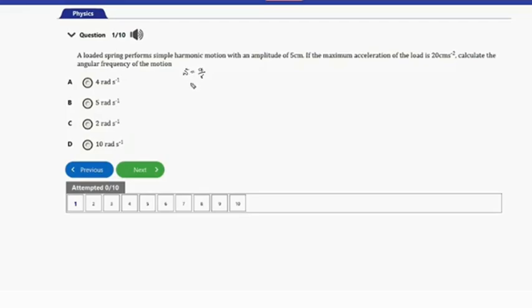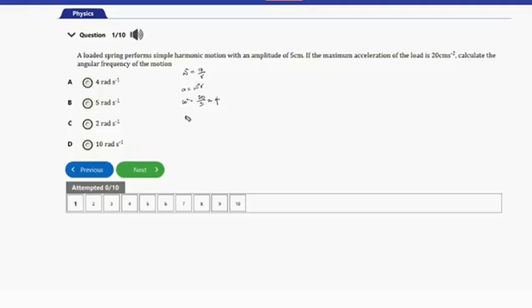So in that case, we'll have that omega squared is equal to a over r, since a is equal to omega squared r. So since we are calculating for the omega, which is the angular velocity, that will be a, which is 20 cm per second squared, over the r, which is 5 cm, and guys, 20 over 5 is 4, so omega squared is equal to 4.